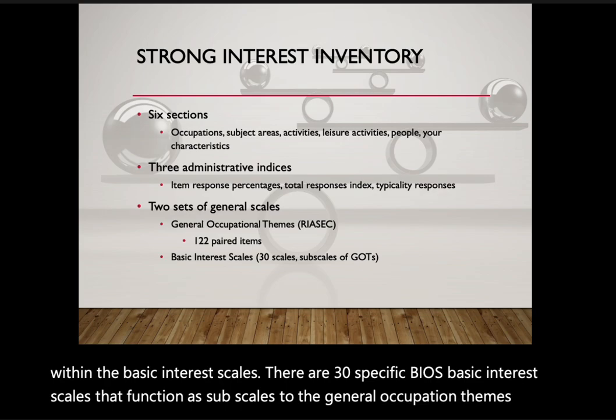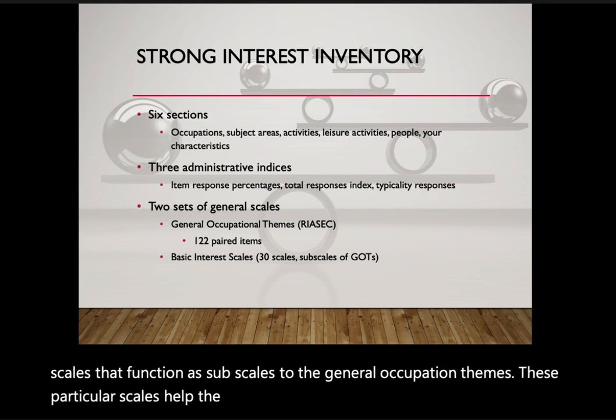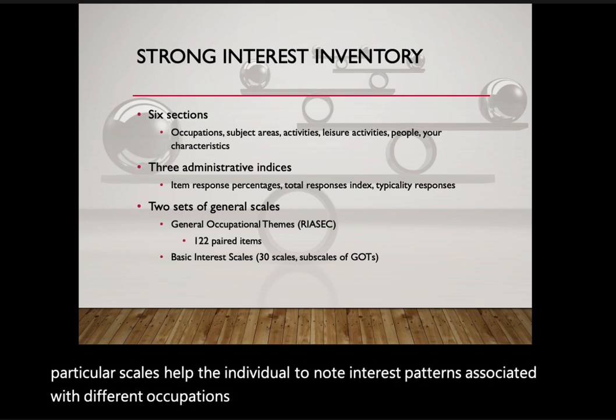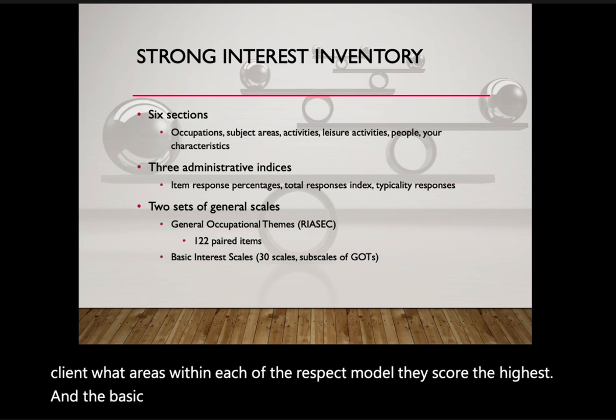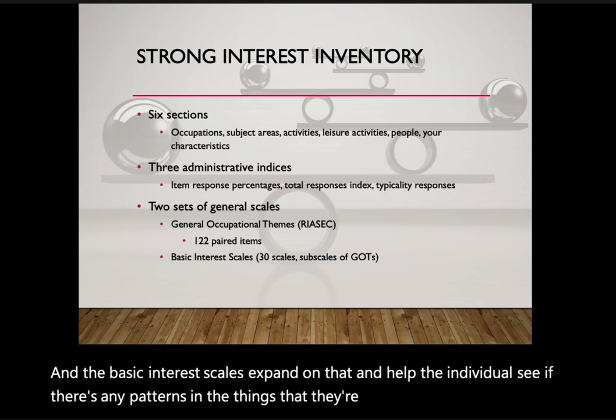These particular scales help the individual to note interest patterns associated with different occupations. So the general occupation themes show the client what areas within each of the RIASEC model they score the highest, and then the basic interest scales expand on that and help the individual see if there's any patterns in the things that they're interested in.